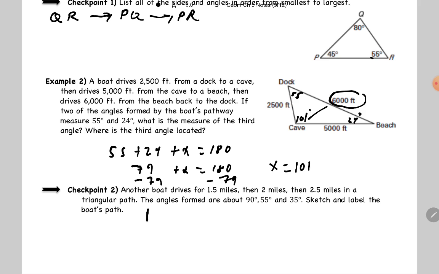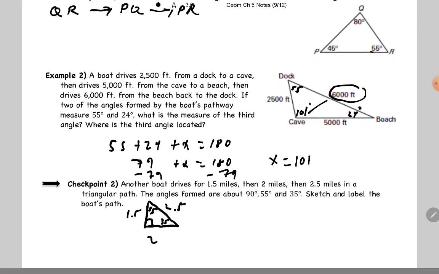So this is 1.5, then 2, and then 2.5. So here's my 90-degree angle. It's opposite of the largest side, which is 2.5. This 35 will be in this corner because it's opposite of the 1.5, the smallest. And then 55 will be up here. And that's it.